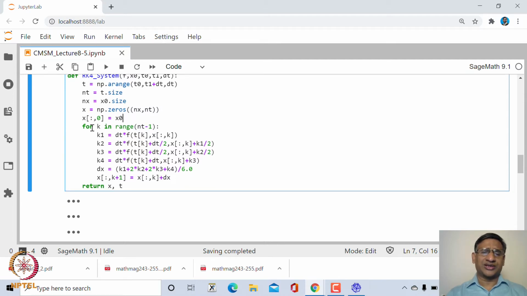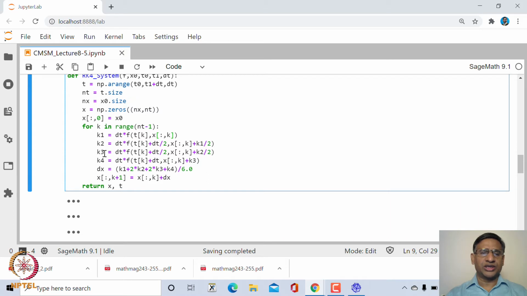So, this is exactly similar, except that we are replacing k1, k2, k3, k4 with vector functions. So, it is dt times f of tk and x, all the rows and kth column.